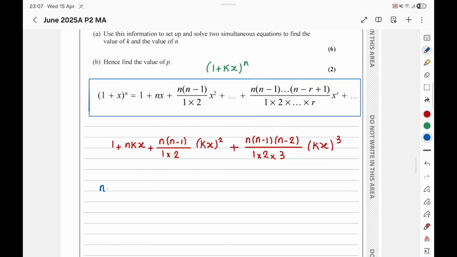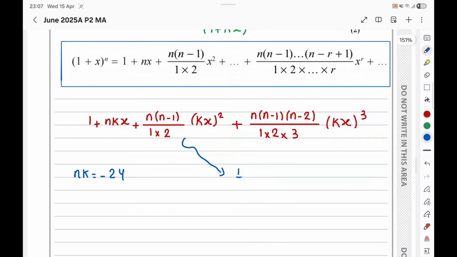So nk equals negative 24. This is the first equation. Second equation: n(n - 1) over 1 times 2, k x squared.